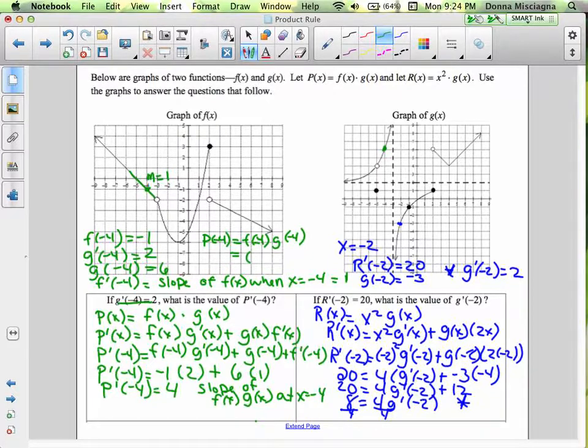So that's a -1. And g of -4, we have a dot, and we actually have it written down, don't we, at 6. So we got -1 times 6, so that's going to be -6. That's our y value. And we found the slope. The slope is 4.